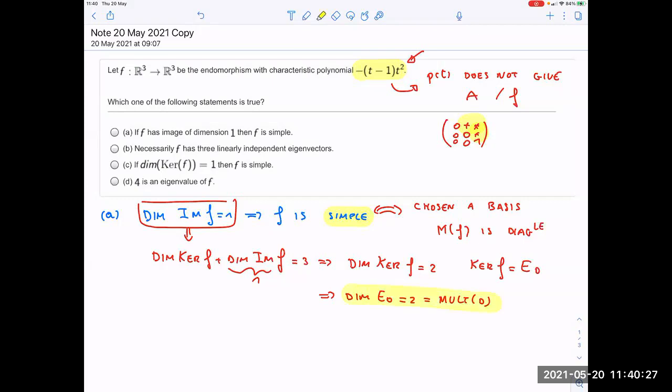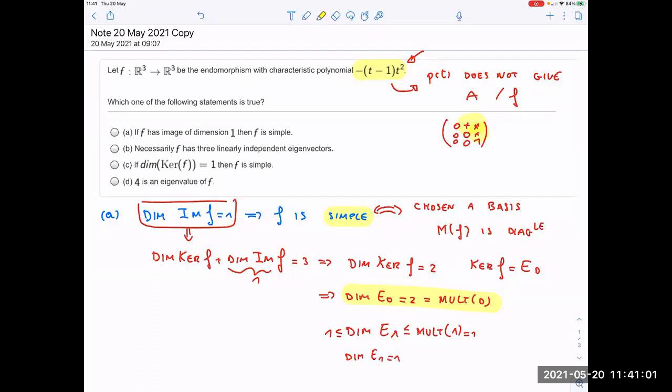And also, we have another eigenvalue, which is 1. What is the dimension of the eigenspace of 1? What do you think? So what is the dimension of E1? Can you tell me? Use the chat. It is 1, because it is at most the multiplicity of 1, which is 1. It is at least 1, so it must be 1. So the dimension of E1 is equal to 1.